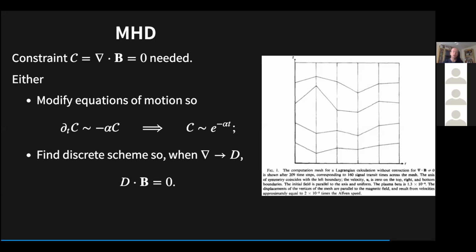So when doing the first attempt at solving any system with constraints, I would always reach for constraint damping as a simple approach. However, the disadvantages of constraint damping can be substantial.